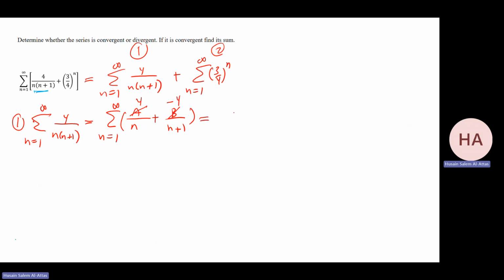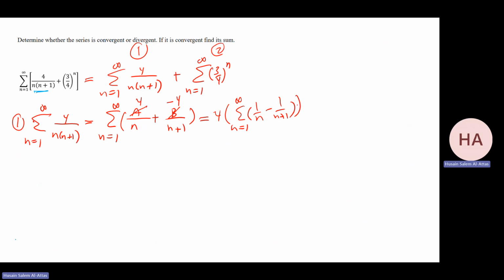So that will be 4 over n minus 4 over n plus 1. You know what? I can take 4 as a common factor, so the summation from n equal 1 to infinity of 1 over n minus 1 over n plus 1. Yeah, that will make it easier.